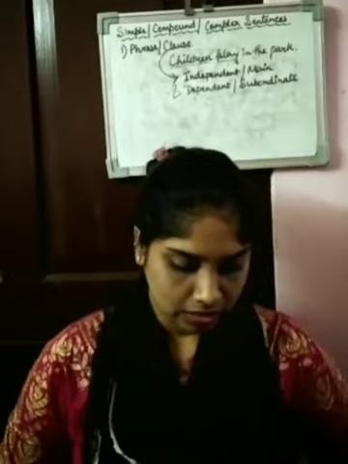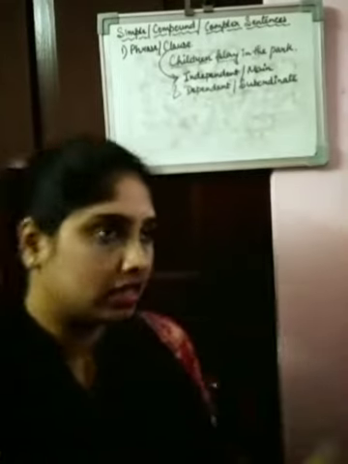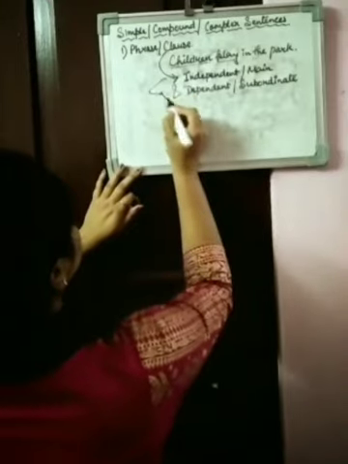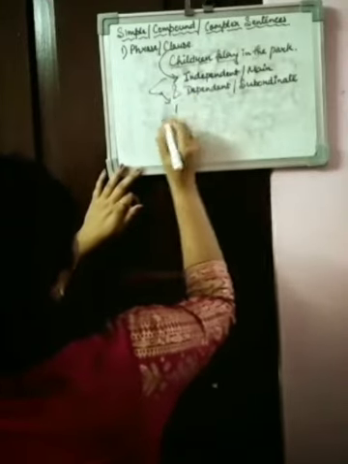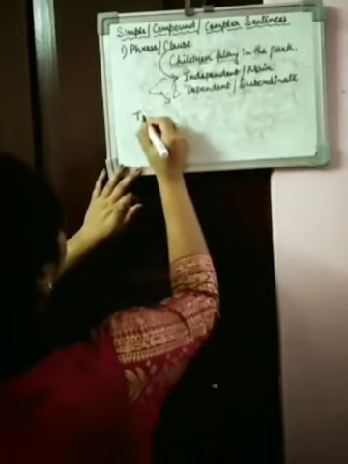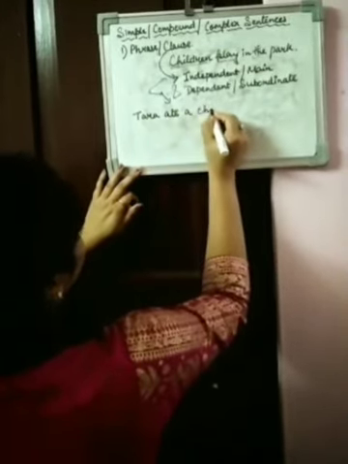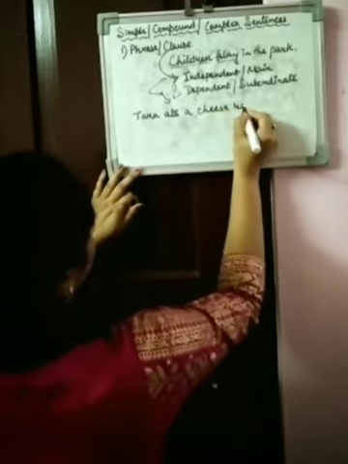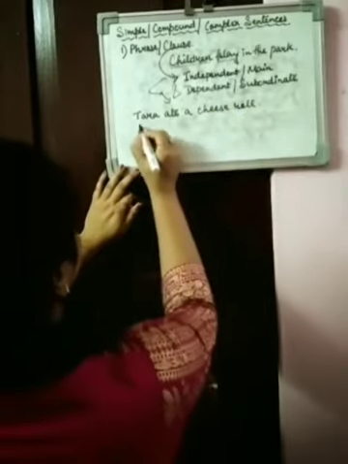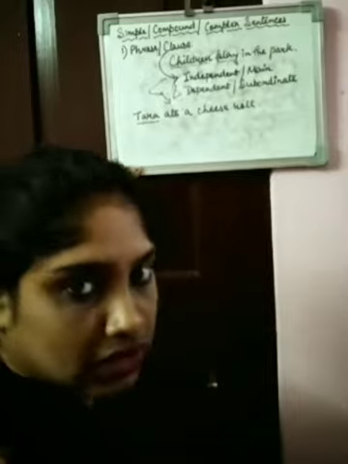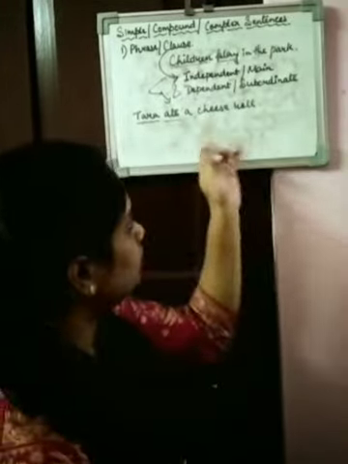Now let me take another example, you might have got bored with this one. Tara ate a cheese roll. Tara is the subject, ate is the verb, and the remaining things are there.